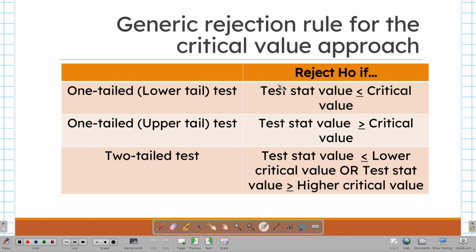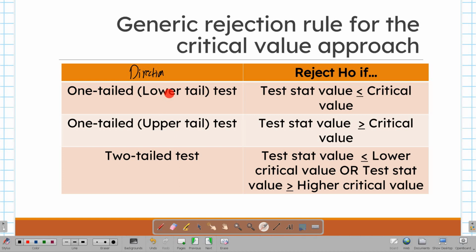Now, this is the general rejection rule for the critical value approach, where the direction is important. If it's a lower tail test, this is the rejection rule. If it's upper tail, it's a different rejection rule. If it's two tail, it's either of the two.